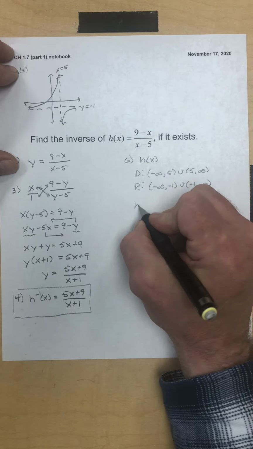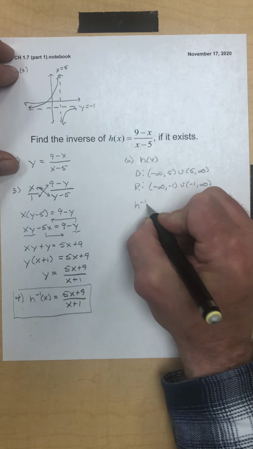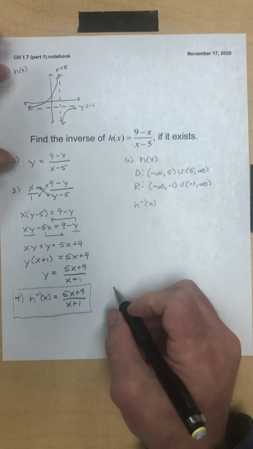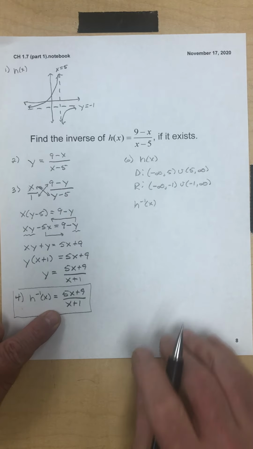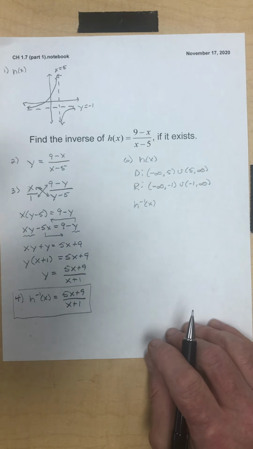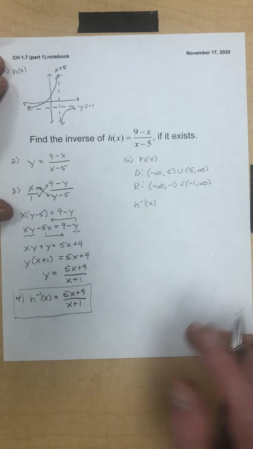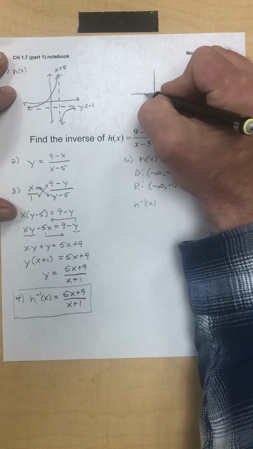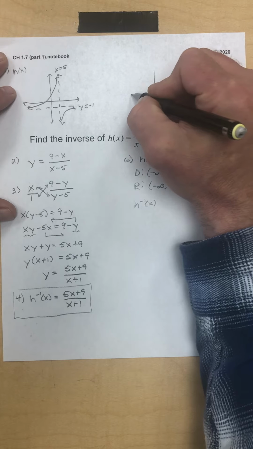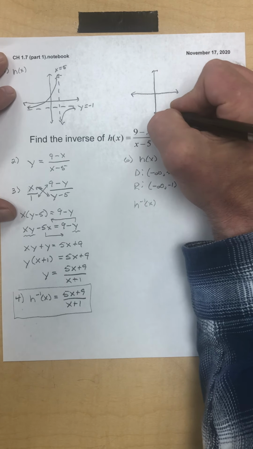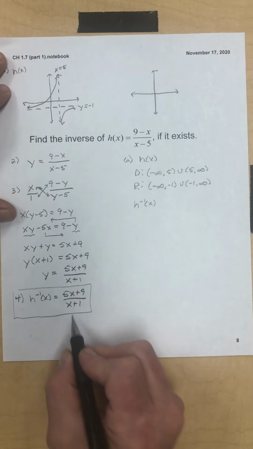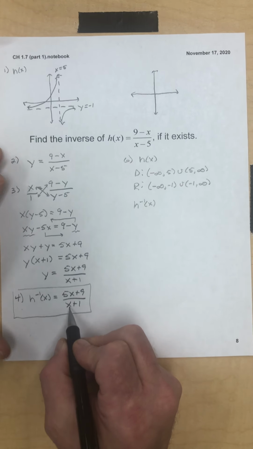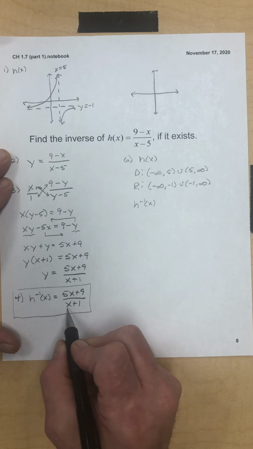Now I do the same thing with h inverse of x. And again, looking at the graph of this guy, you know, go to Desmos, go to your graphing calculator, take a look at it. I can give you a general idea of what it looks like. So right here, notice when x equals negative 1, the denominator will be 0, which I can't have.